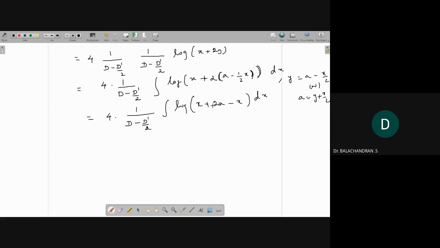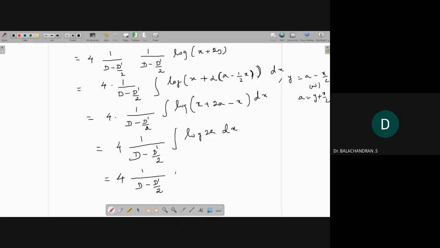So x gets cancelled. Log 2a is constant. So 4 into 1 by (D minus D dash by 2) integral, log 2a into dx. So this is equal to 4 into 1 by (D minus D dash by 2).